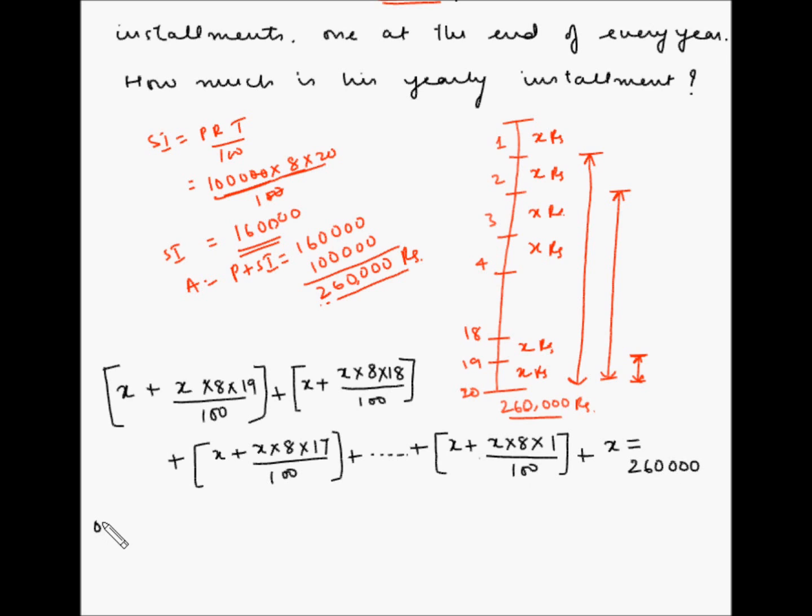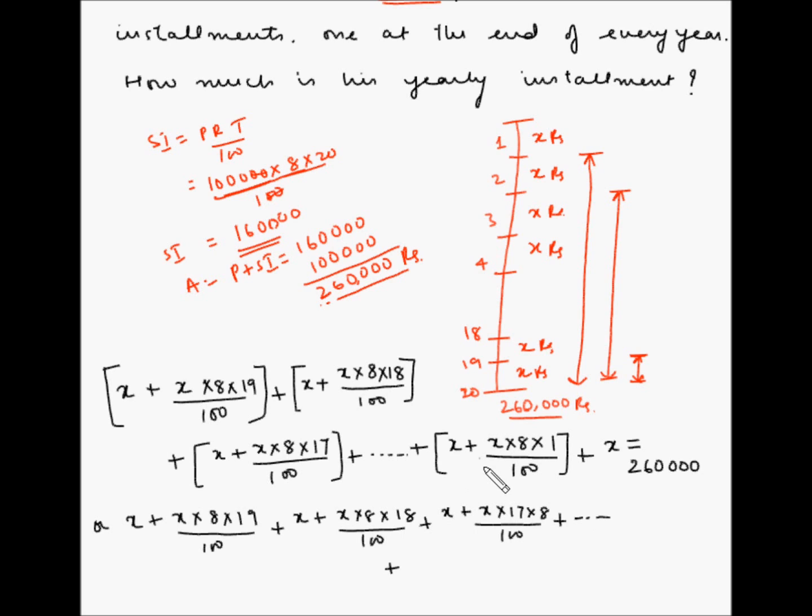260,000. So this will become, let's open all the brackets. So X plus X multiplied by 8 multiplied by 19 divided by 100 plus X plus X multiplied by 8 multiplied by 18 divided by 100 plus X multiplied by 17 multiplied by 8 divided by 100 plus so on plus the 19th here.